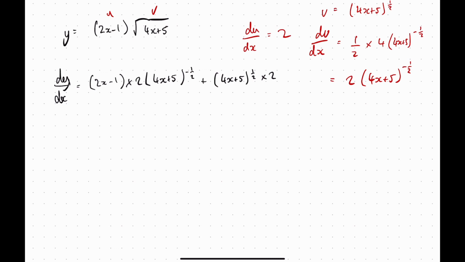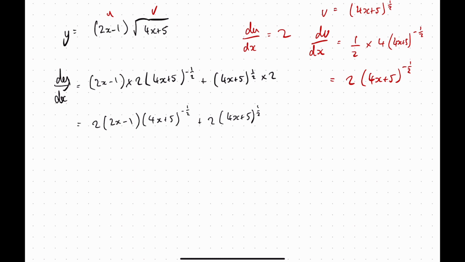Okay. From there, you can write it as 2x minus 1, 4x plus 5 to the negative half, plus 2, 4x plus 5 to the half. Okay. They've decided that at that point they want to write it as a single thing.